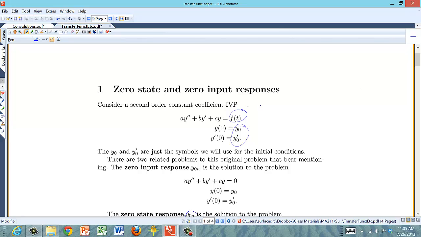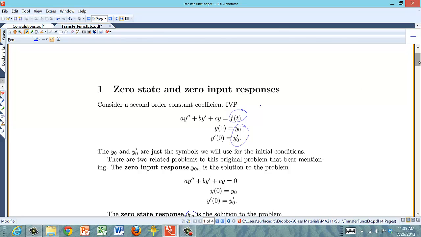There's the motion that happens because you release the object with these initial conditions, the motion that occurs because you displaced the object upwards and gave it some initial downwards velocity. Then there's also motion occurring because you are subjecting the object to this external force.